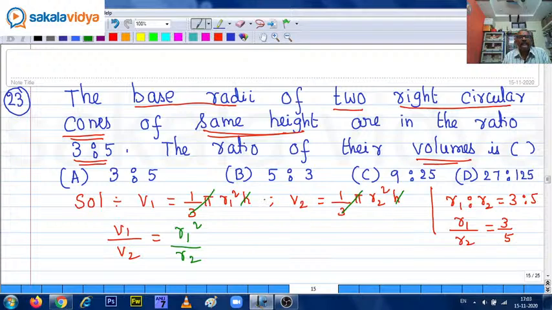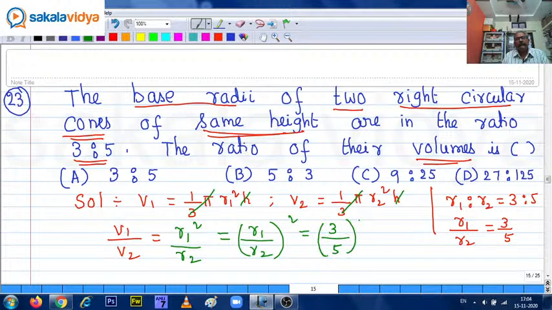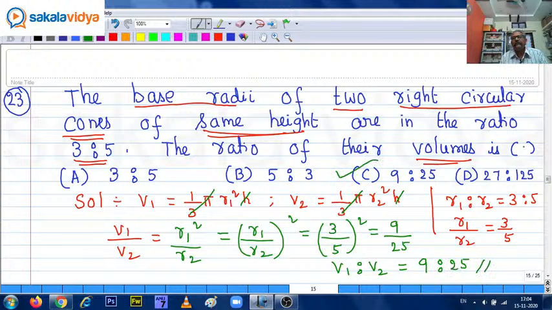H gets cancelled, same height. So this is R1 upon R2 whole square. This is 3/5 whole square. So you get 9 upon 25. So V1 is to V2 is equal to 9 is to 25. Sorry, C is the right option. C is the right option.